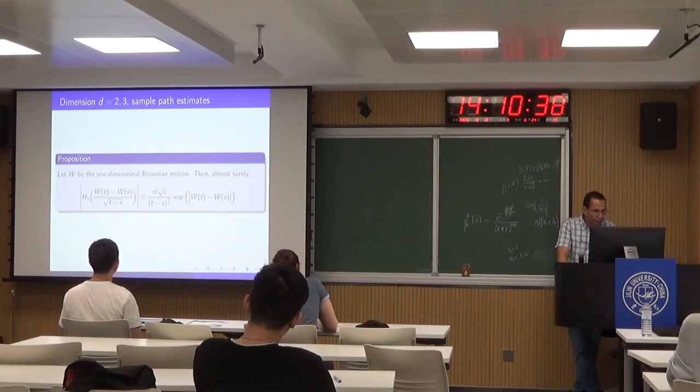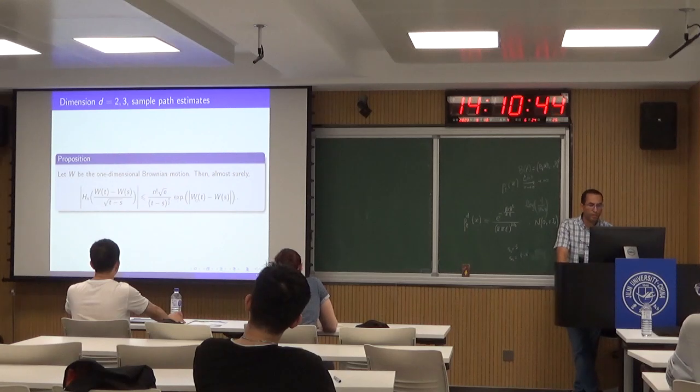So what we find is this factor here, divided by t minus s to the power n over 2, and here we have an exponential part with the absolute value of W_t minus W_s.